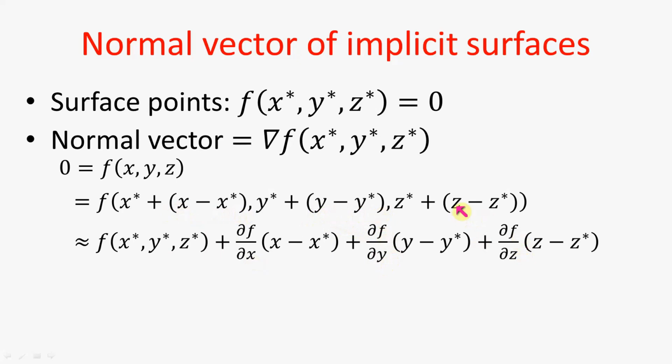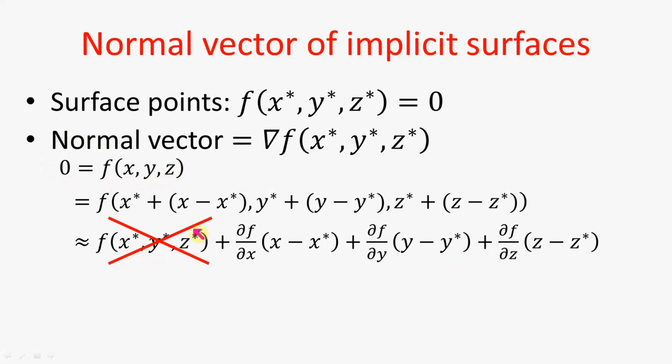And finally, the first derivative with respect to z is multiplied by the offset of z, and these terms are added together. The first term is 0, because we assume that x star, y star, z star identify a point that is on the surface, so these Cartesian coordinates satisfy the equation of the surface.